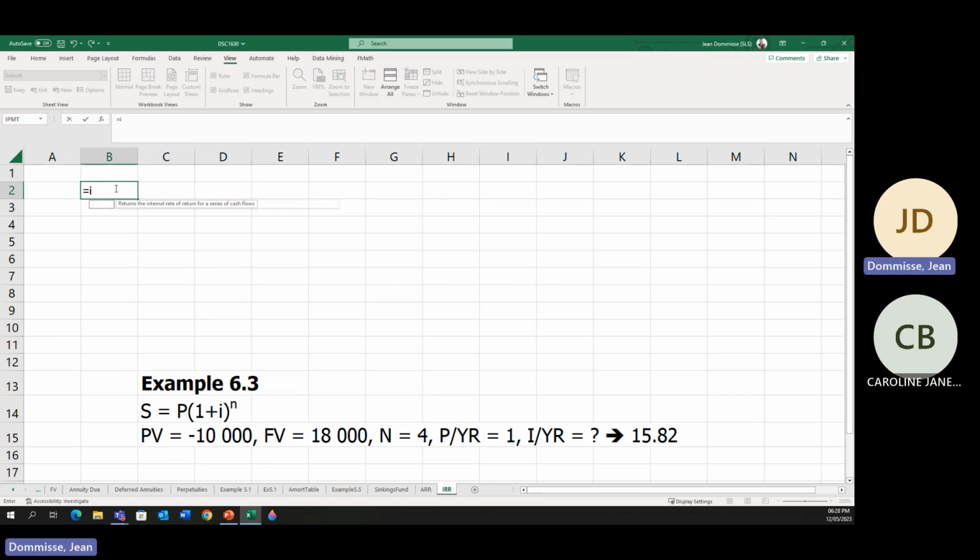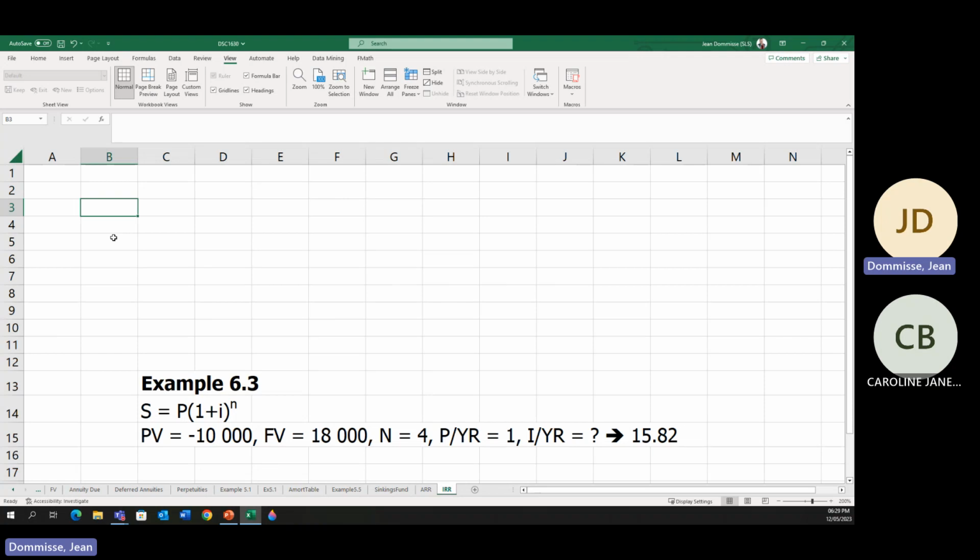Okay, so let's do it the old-fashioned way. I'm going to test it as well with example 6.3, but let's first do it by using the information that they give us.